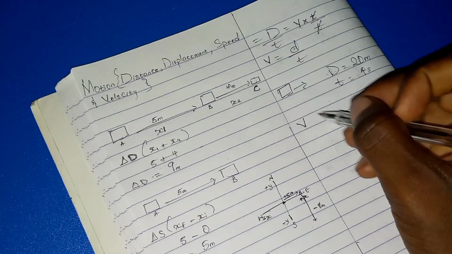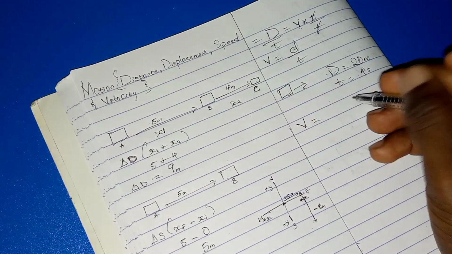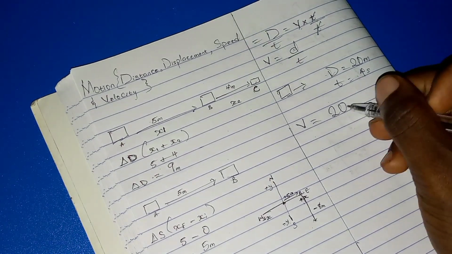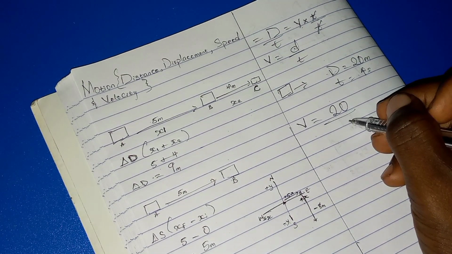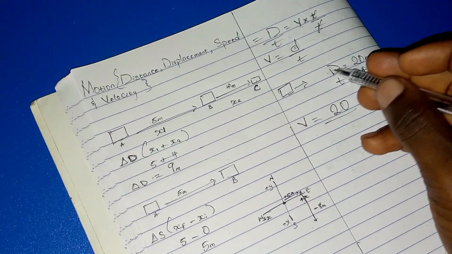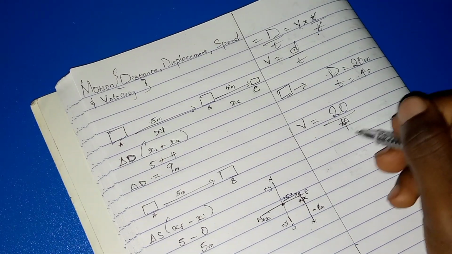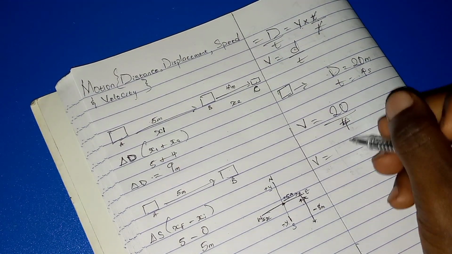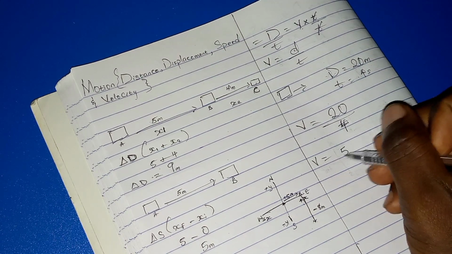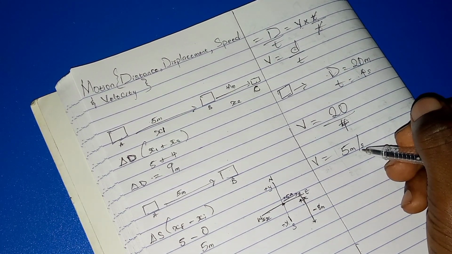So bringing down this formula, we have v, which is our speed. Our d gives us 20, and the time frame that this given body traveled this particular distance was 4. So our v would be equal to 5 meters per second.